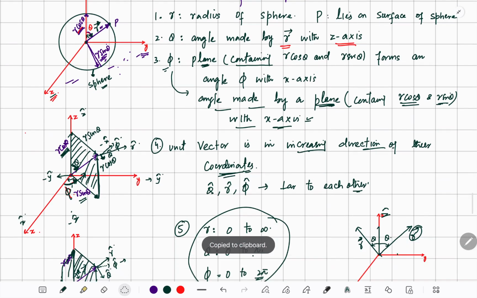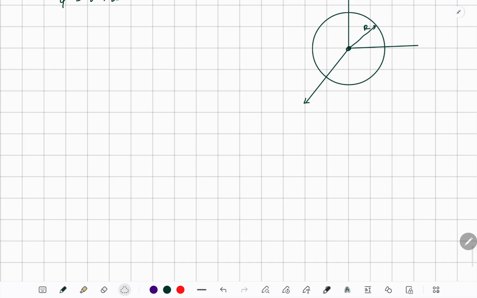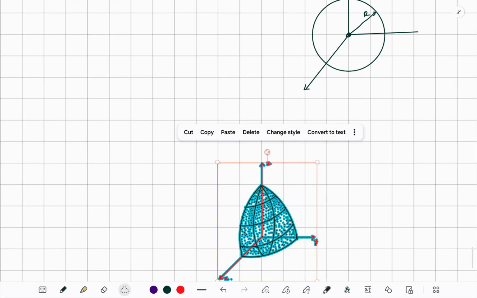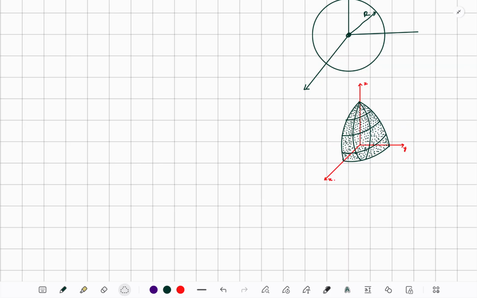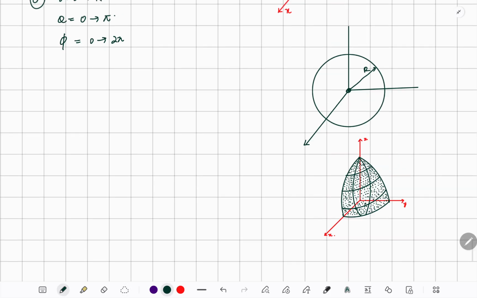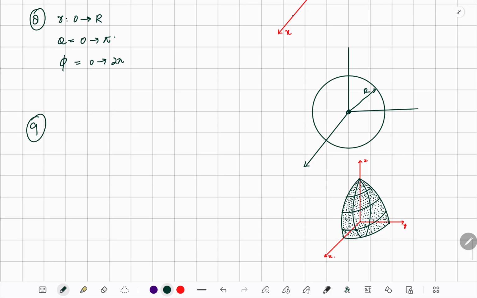You have to imagine it, then you would be able to answer very simply. So see, now 6th, 8th, 9th point. So basically if you want to cover this thing, you can consider it as an orange cut in such a way that it remains only this part.